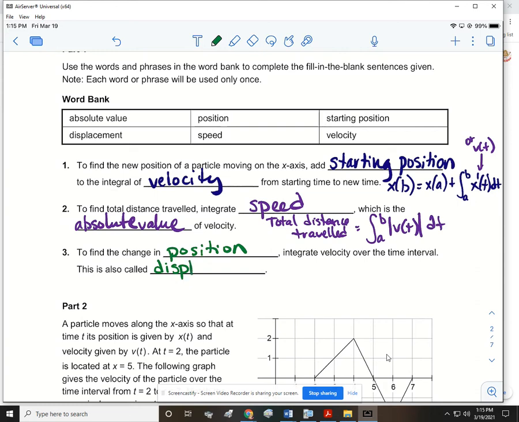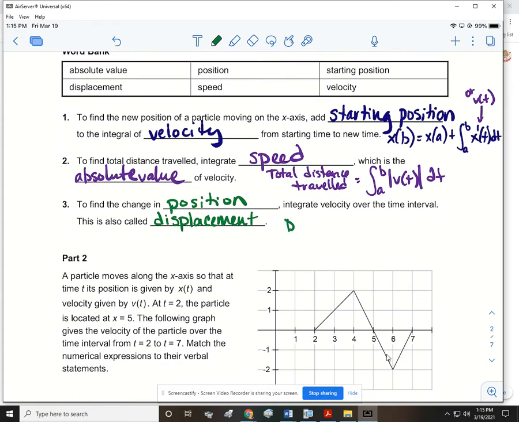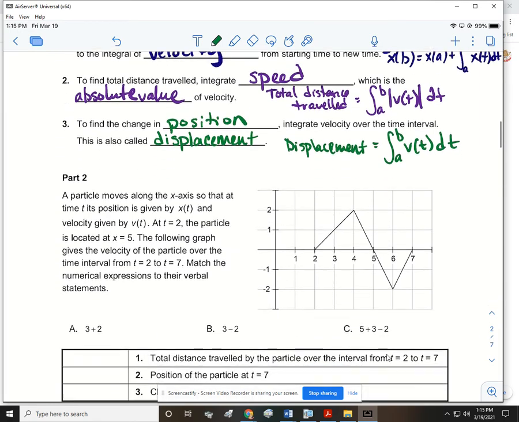It's just the change in position from starting to the end time. All right. So displacement is equal to the integral from a to b of just the velocity. Okay, so we're going to use those 3 ideas to answer several questions.